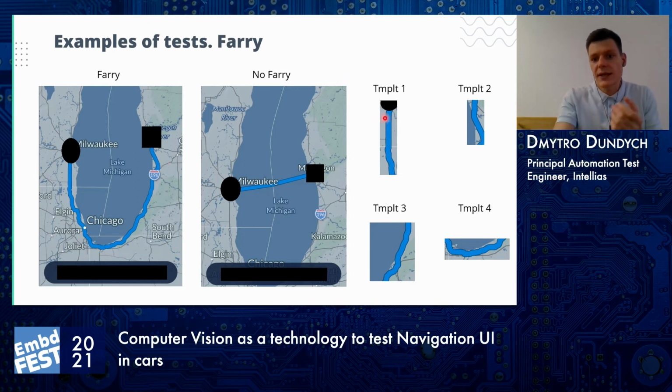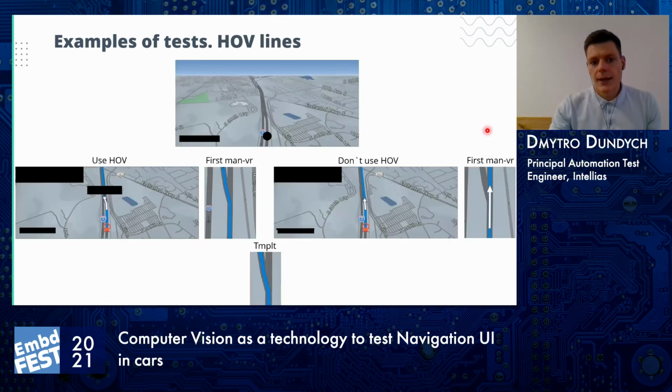If we see that the road does not go by the ferry, we're okay with that. It's really cool because there's no way to automate it without some checking on the UI.